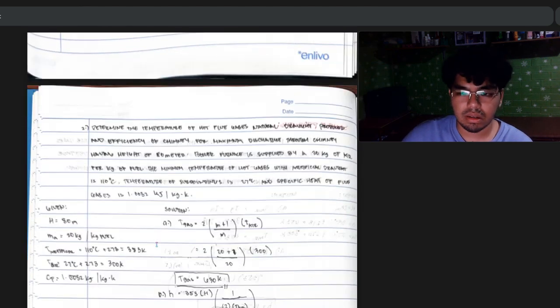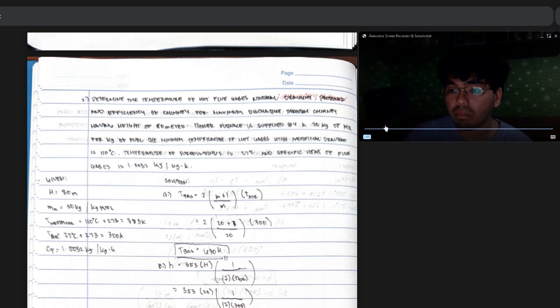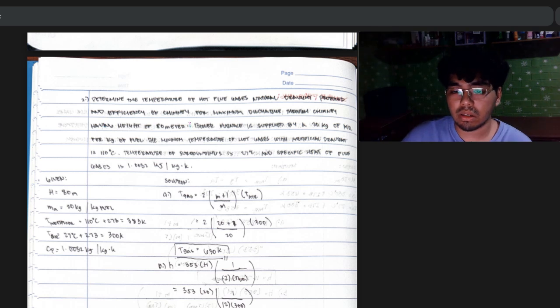So, next, problem number 2: determine the temperature of hot flue gas, the natural draught produced, and the efficiency of the chimney for maximum discharge through the chimney having a height of 80 meters. A boiler furnace is supplied by 20 kilograms of air per kilogram of fuel.